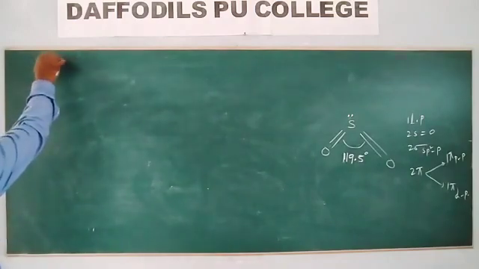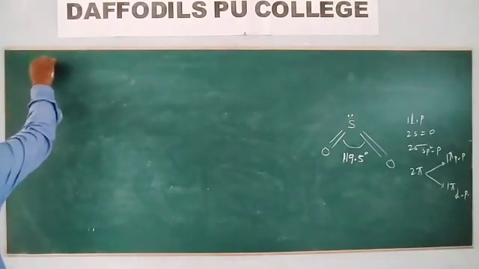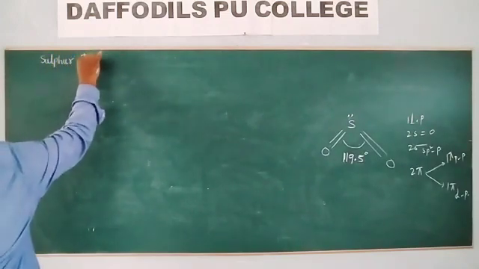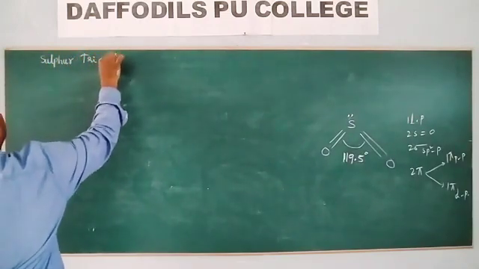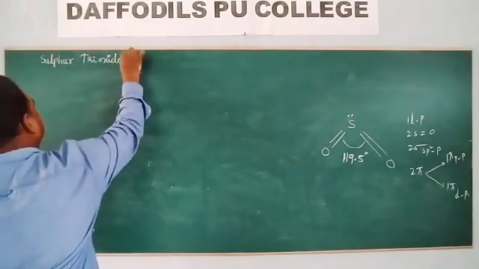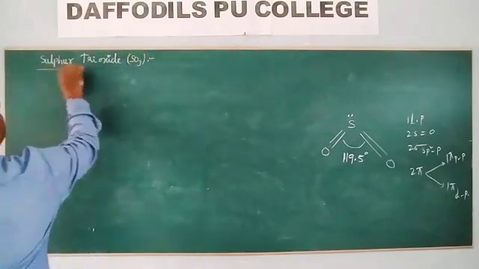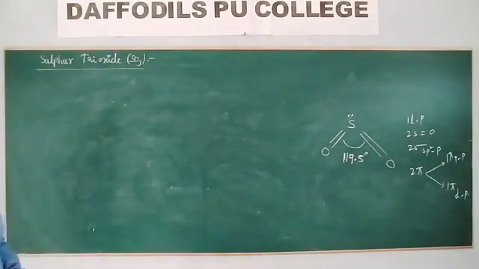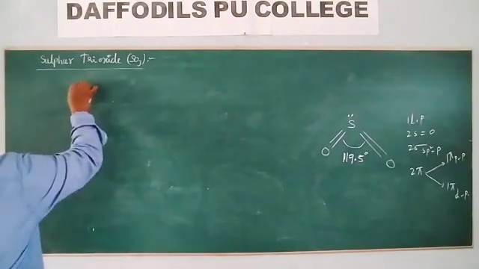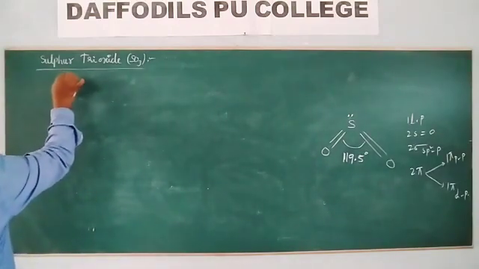Now look at sulfur trioxide. Its formula is SO3. So how is this SO3 prepared? First, the preparation method.